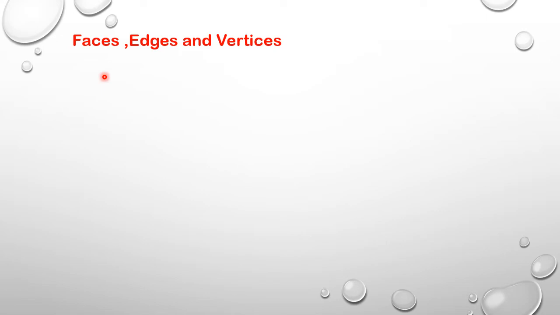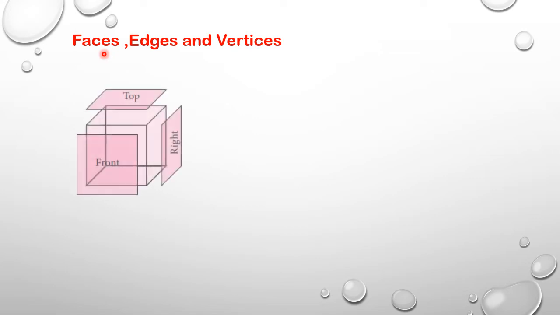So now we are going to learn about faces, edges and vertices. Already we have seen faces, isn't it? This is how we dissect that square cube. When we dissect this cube, we get the front side, right side, top, then left, then back and the bottom.